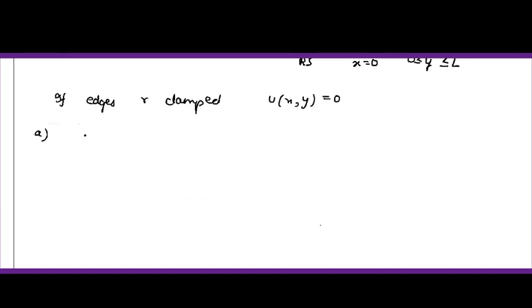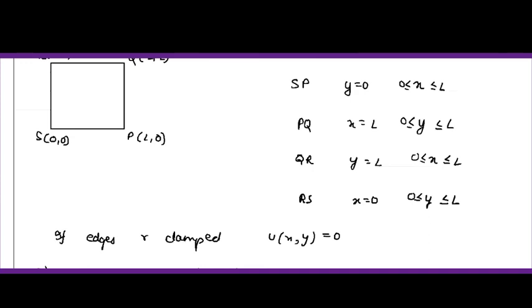So we write our first expression, where u is given as A cos(pi x over 2L) cos(pi y over 2L). This is our option A. Let's check for SP. For SP, y would be equal to 0.